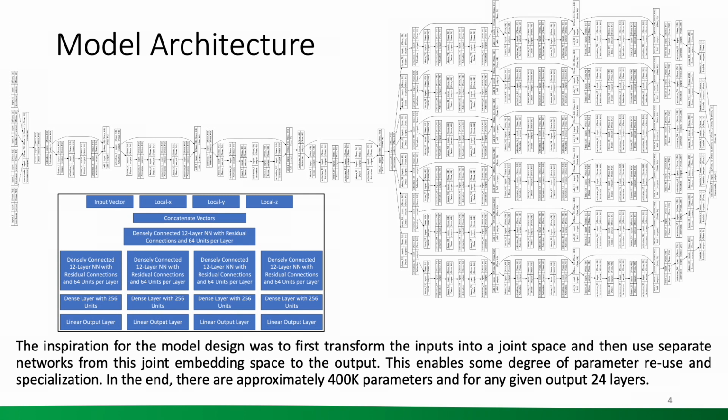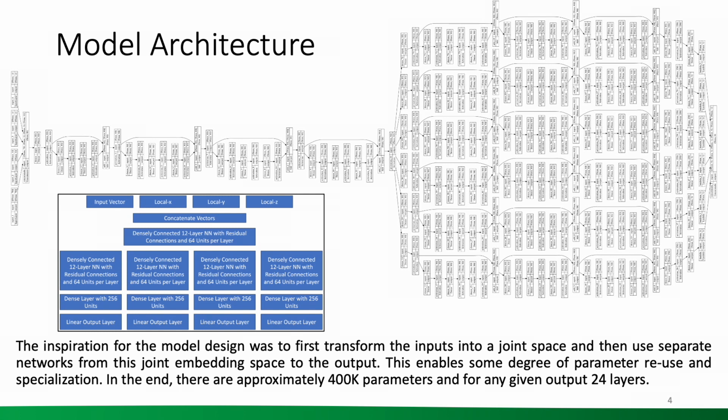And this enables a sort of natural evolution for each one of these outputs, while still having some amount of weight sharing in the early portion of the neural network. So we have a first level of nonlinear mapping to a high dimensional space, and then we have independent mappings from this intermediate space to the desired outputs in the tensor.